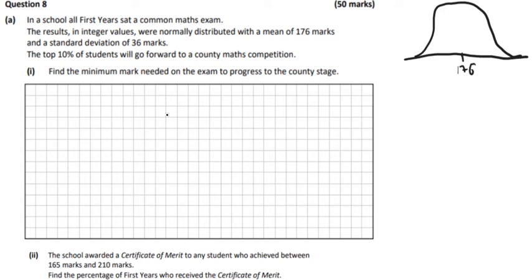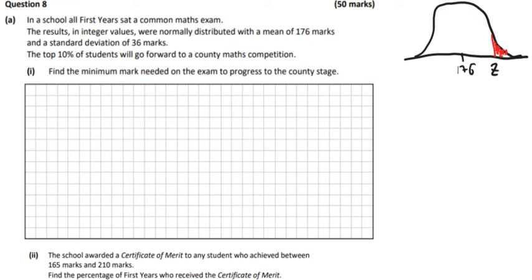The top 10% of students will go forward to a county maths exam. So the top 10% have to be right up at the top, the ones in here. Our Z score is down here, so this is what we're interested in.